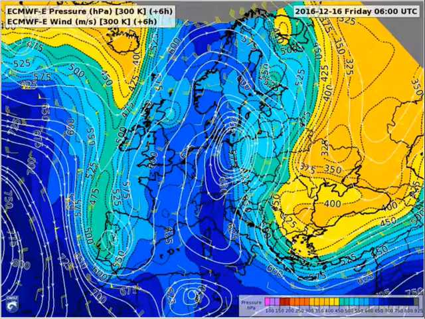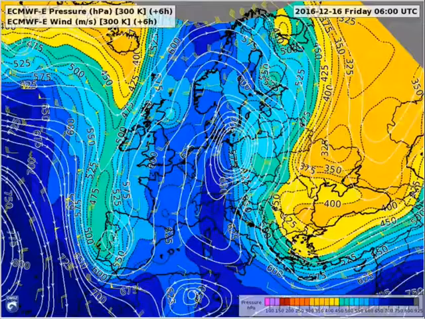So you can see the 300 Kelvin isentropic layer pressure fields, and on the map also, not trajectories, sorry, streamlines.